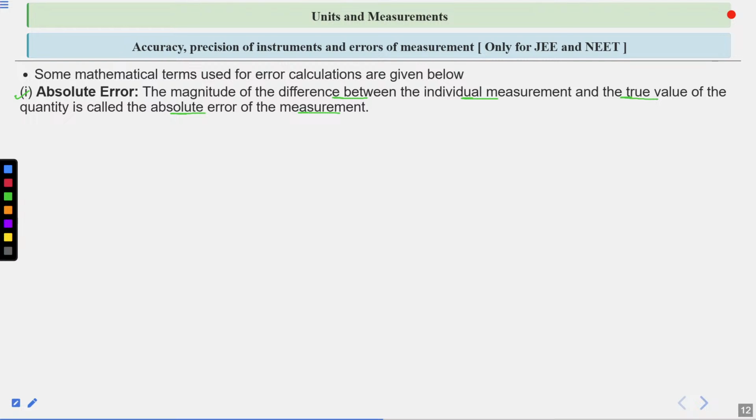Suppose we have two data: first is the individual measurement data, second is the true value. The difference between them gives the magnitude, and that magnitude is the absolute error.